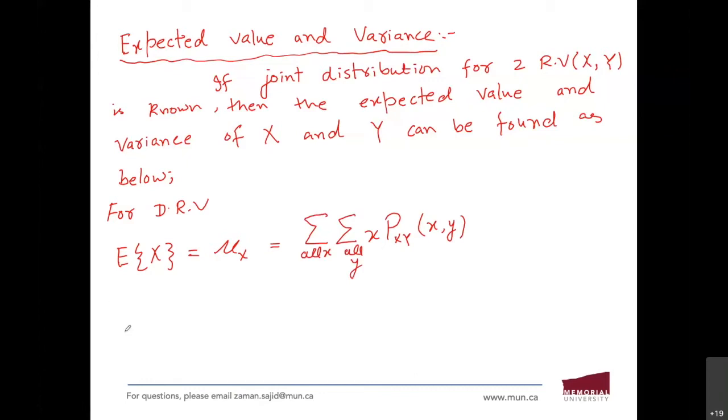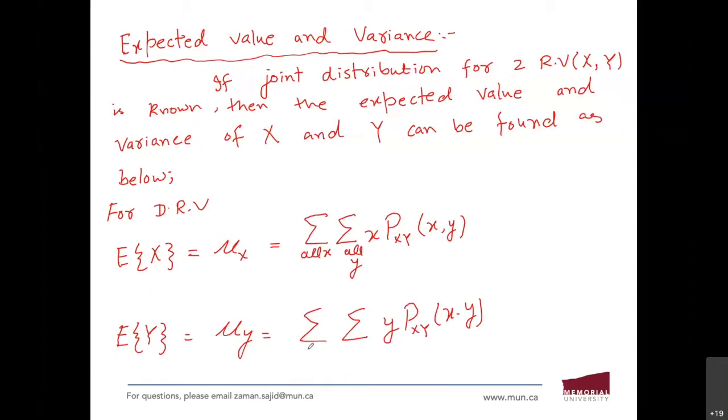In case of the expected value for our random variable y, we have mu of y. So that is equals to, we take our y values, we multiply them with our probability values, p of x of y, and then we sum up both of them.